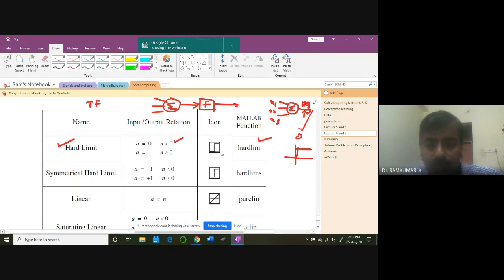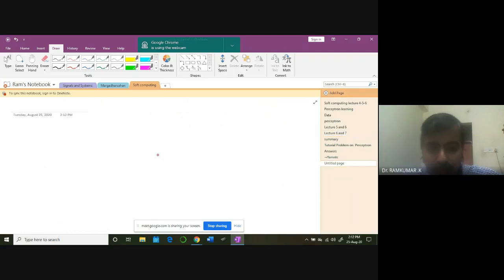The first one: A is equal to what? When n is greater than or equal to 0, A will become 1. Is it clear? Are you getting the point? Clearly what I'm saying?